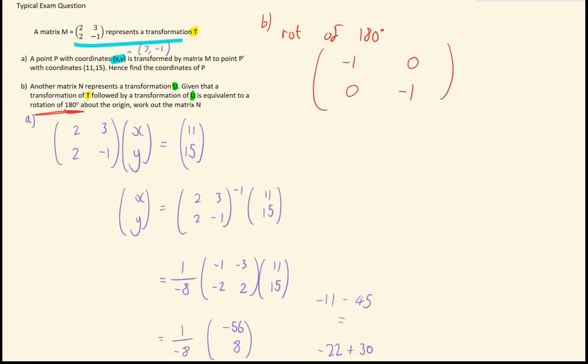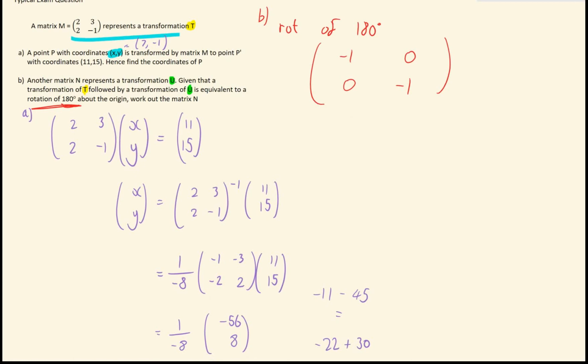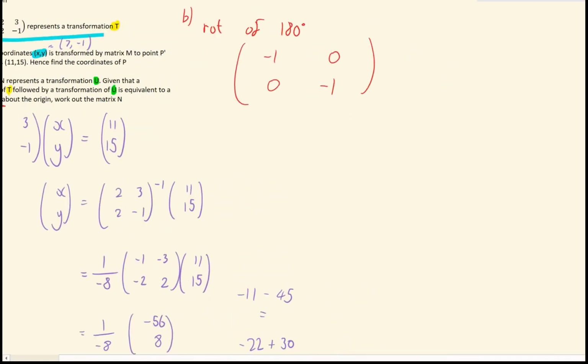Now we have to realise which matrix transformation we perform first, and we do the transformation T first. So that means, in a confusing case, that transformation T will come second. I'll explain why quickly.